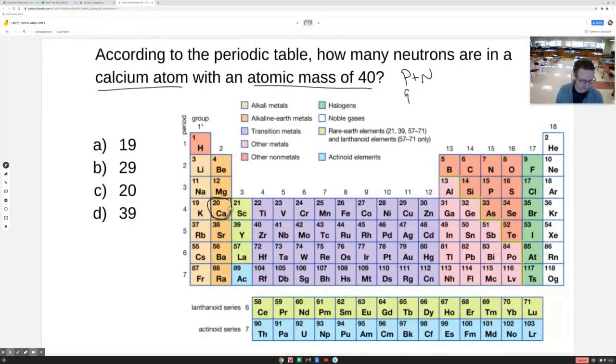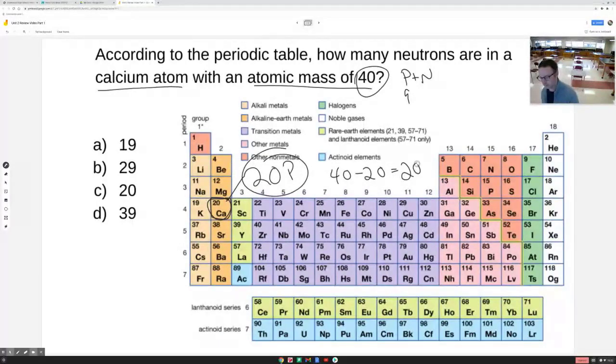Calcium is right down here, and it has 20 protons. That's its atomic number, 20. That means 20 protons. And if the protons plus the neutrons is 40, and the number of protons is 20, we would do 40 minus 20 equals 20 neutrons. So the answer here would be choice C.